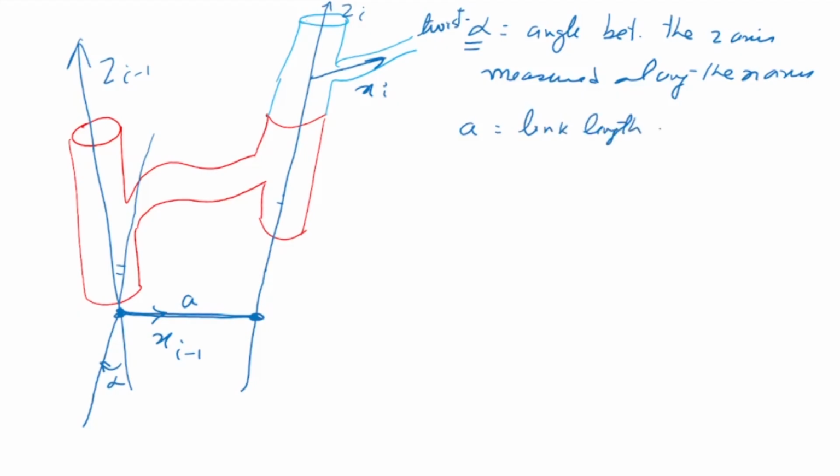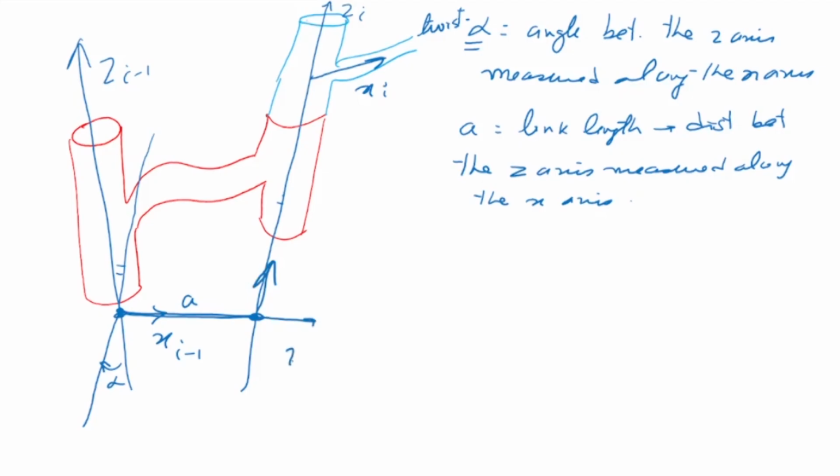It is the distance between the z-axes, measured along the x-axis. So this is my second parameter, the link length, a. My frame has now come here, and this is my x i minus 1, and this is my z i minus 1.